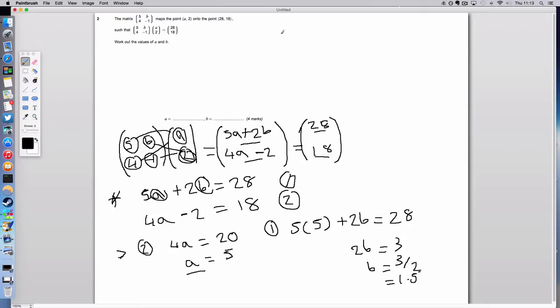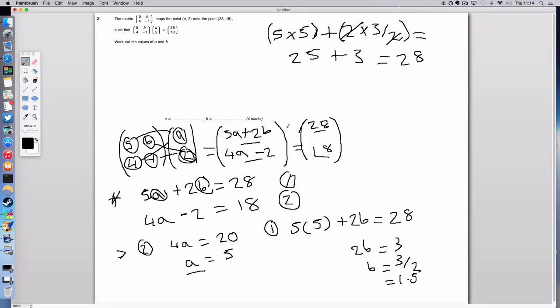Substituting both the a and b values into equation 1, we should get 5 times 5 in parentheses, add 2 times 3 over 2. If you simplify it, 5 times 5 is 25, plus 2 times 3 over 2, the 2s eliminate, giving us just the 3. 25 plus 3 is indeed equal to 28, which is satisfied.